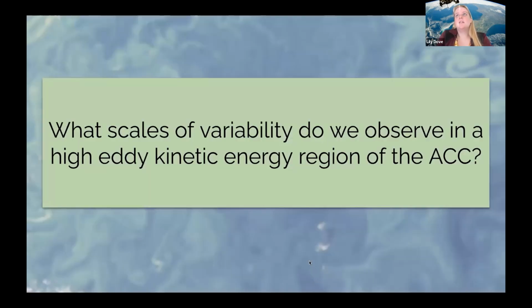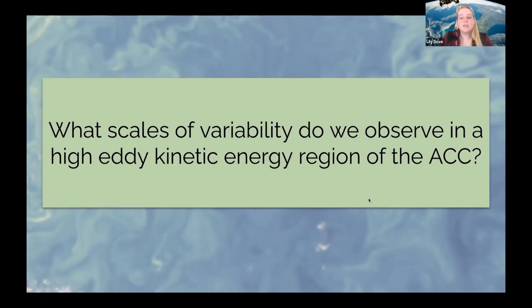So the question that I decided to go after was: what scales of variability can we observe in a high eddy kinetic energy region of the ACC? So to put us all on the same page, the ACC is the dominant eastward flowing current of the Southern Ocean.